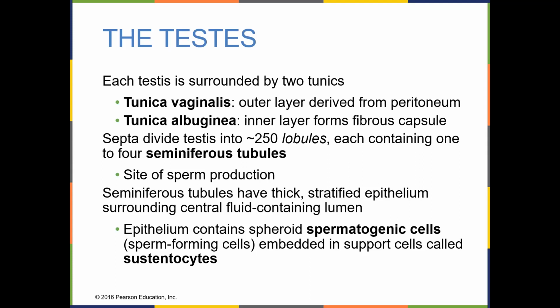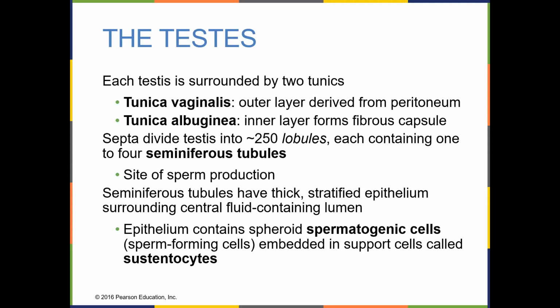So these are spermatogenic cells. We call them spermatogonia. Okay, now that's A at the end, by the way. So they will form the sperm cells.